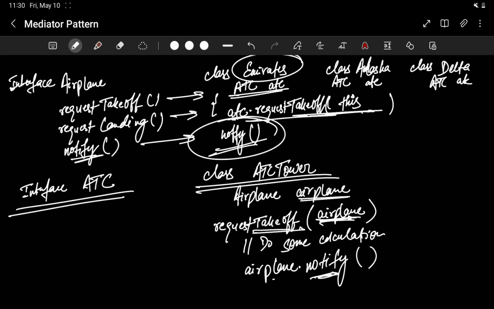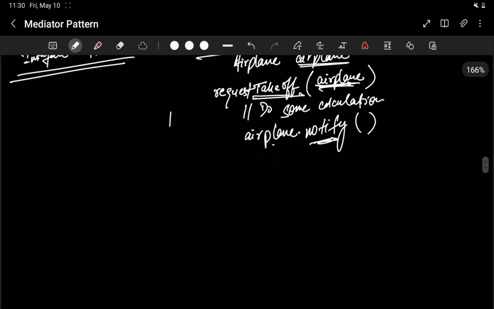So basically if you see there is an interconnection, or there is an exchange of messages between these. First of all, Emirates talks to ATC, asks ATC for request takeoff or request for landing.